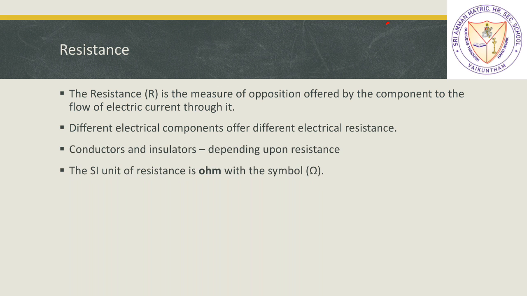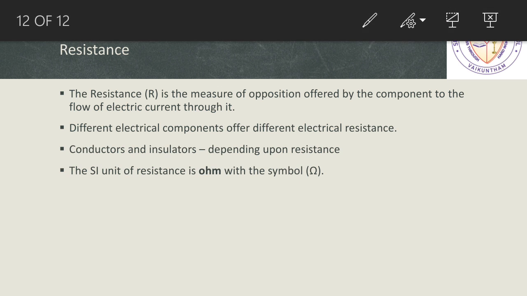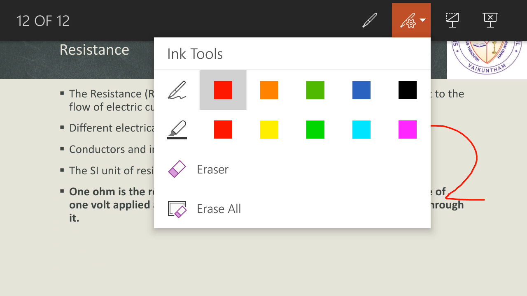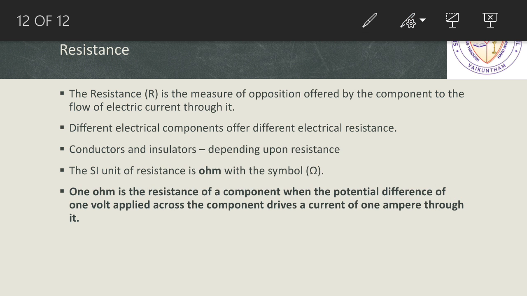The SI unit of resistance is ohm and its symbol is called omega. 1 ohm is the resistance of a component when a potential difference of 1 volt applied across the component drives a current of 1 ampere through it.